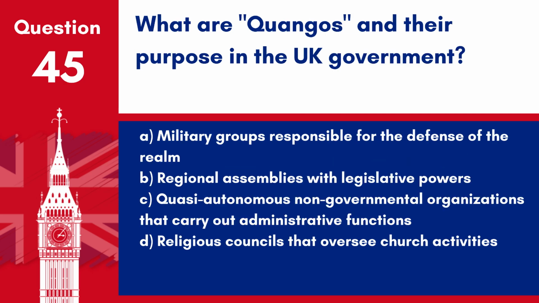Question 45. What are quangos and their purpose in the UK government? A. Military groups responsible for the defence of the realm. B. Regional assemblies with legislative powers. C. Quasi-autonomous non-governmental organisations that carry out administrative functions. D. Religious councils that oversee church activities.